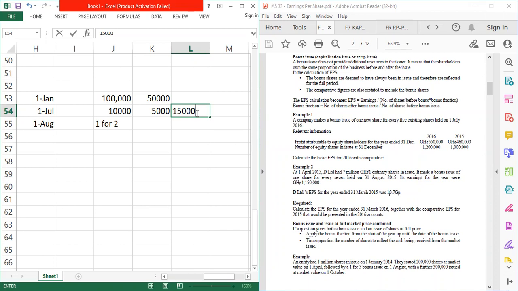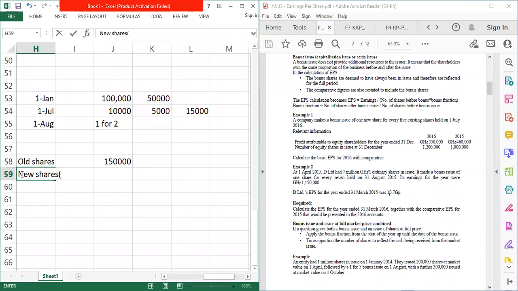If you issue any shares subsequently before the bonus issue, it will take effect from the time that you issue those shares. So if you want to find the weighted average number of shares, the old shares will be 100,000 plus the bonus issue. That will give us 150,000. But the new shares will take only 6 months.